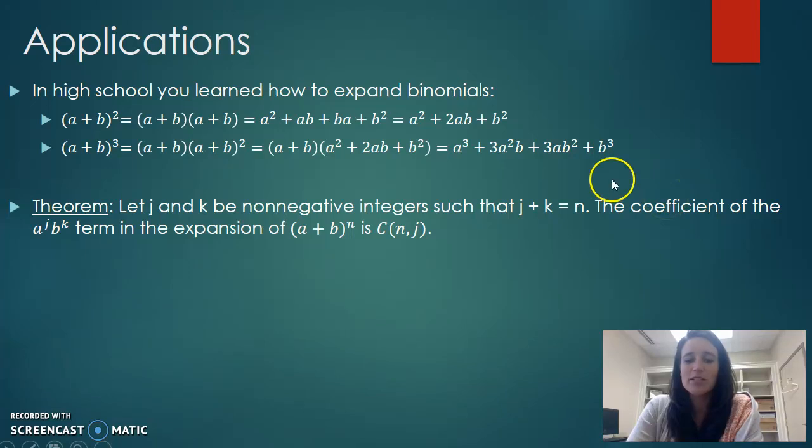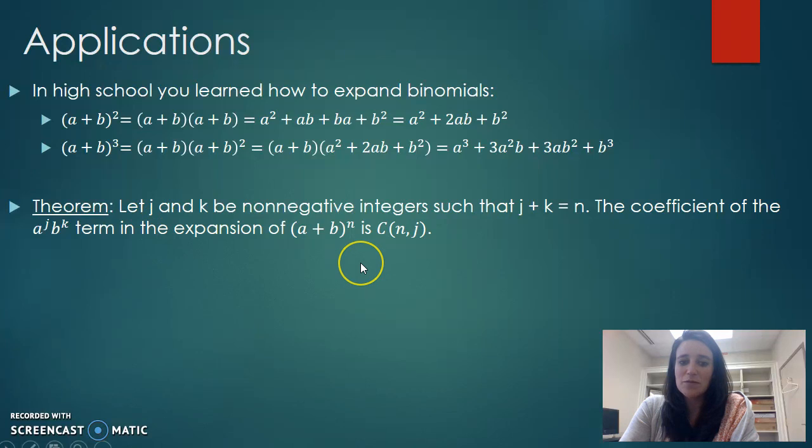There's actually something called the binomial theorem that says: let j and k be non-negative integers such that j plus k equals n.